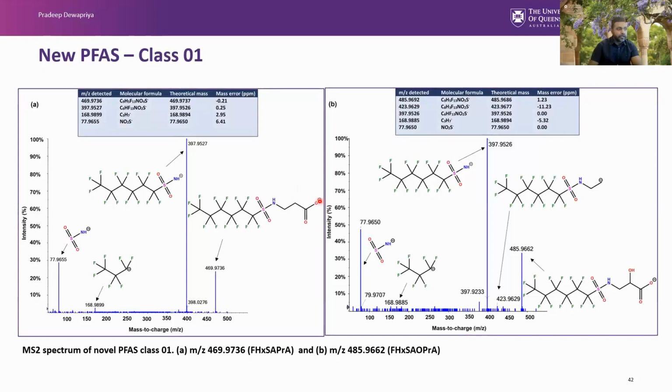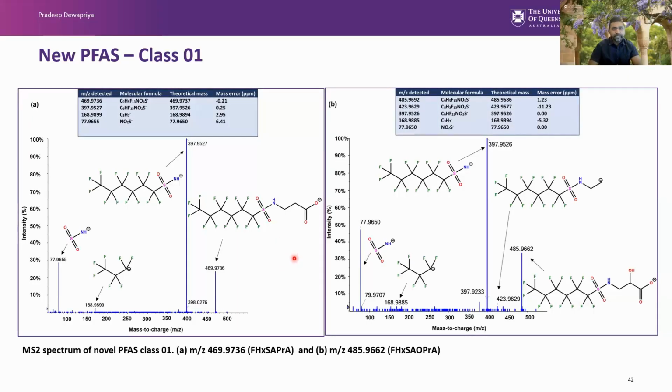These are the MS spectra of the new PFAS we identified. Actually, this is not a very novel compound. This compound was first detected in contaminated groundwater as a biotransformation intermediate.